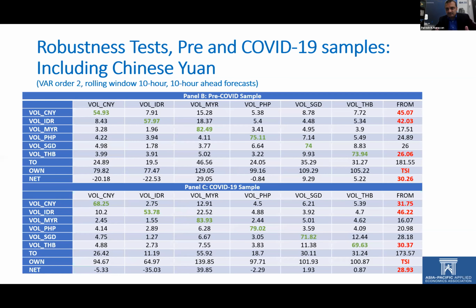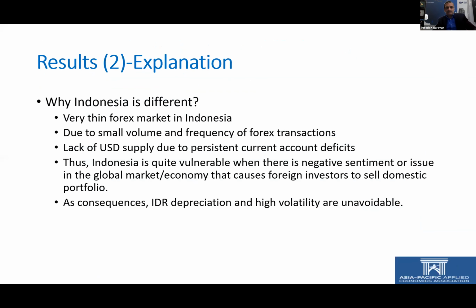The answer is yes, because about 45% of the variance in Indonesia's currency is coming from shocks to other exchange rates. So yes, the random walk model still holds, but in the case of Indonesia, slightly different. There is a decent, at least a third to about 45% of the changes to the currencies coming from shocks to other exchange rates. Okay, so why is Indonesia so different?